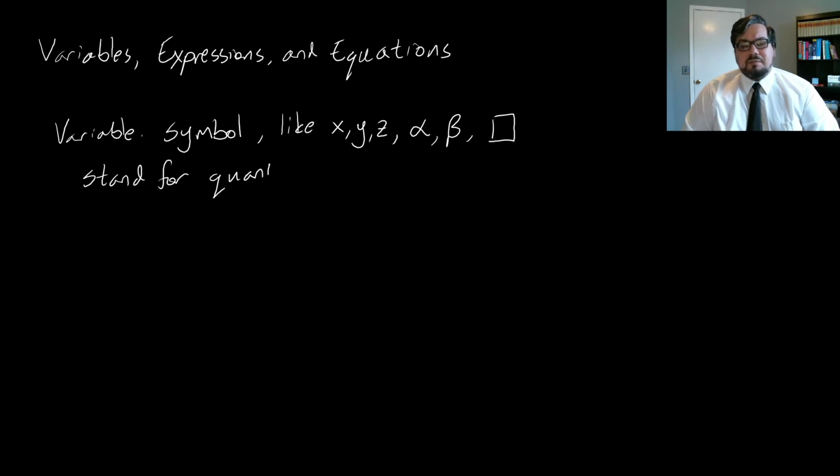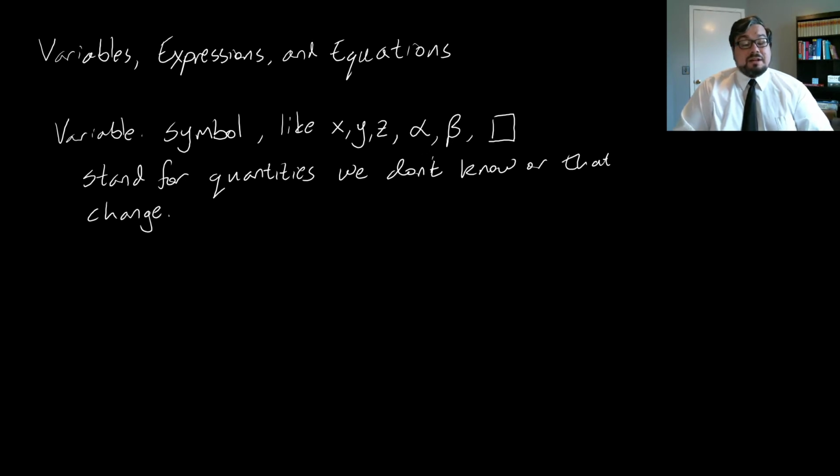They stand for real numbers that we don't know, or that change, or that might change. So we can use these variables to describe quantities that involve pieces that are variable.